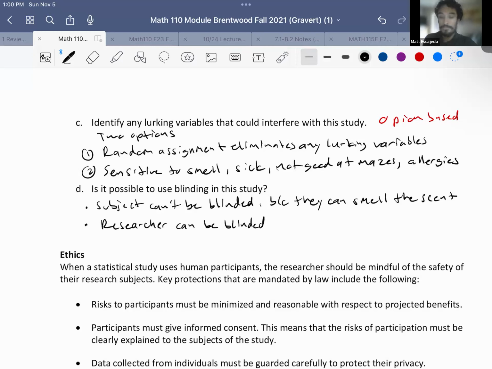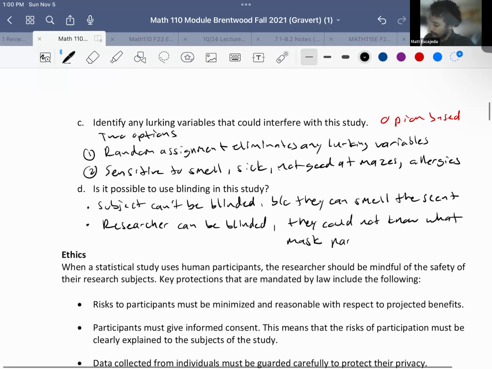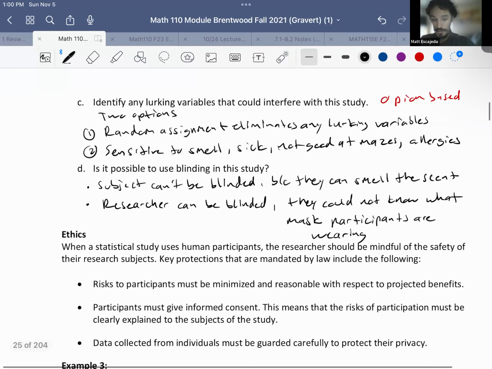They could not know what mask the participants are wearing. Okay, so that finishes example 2.